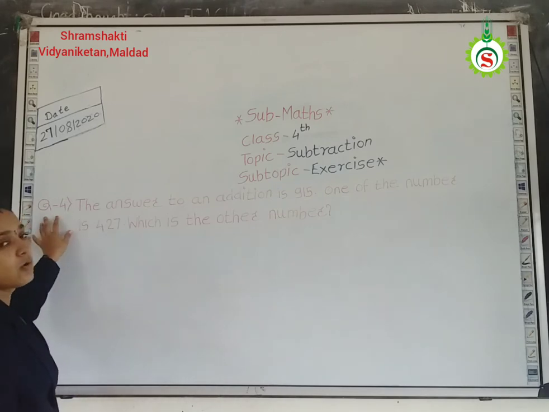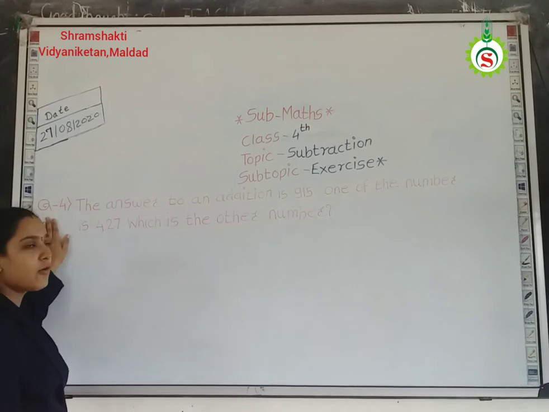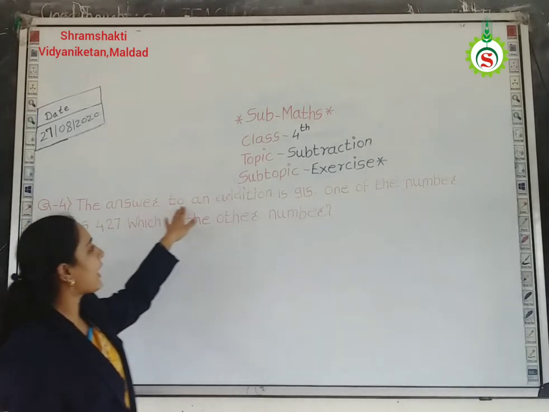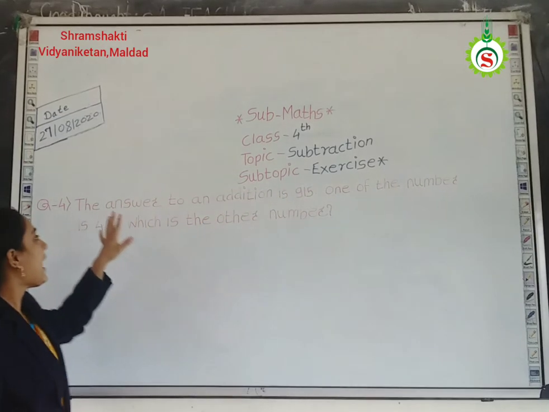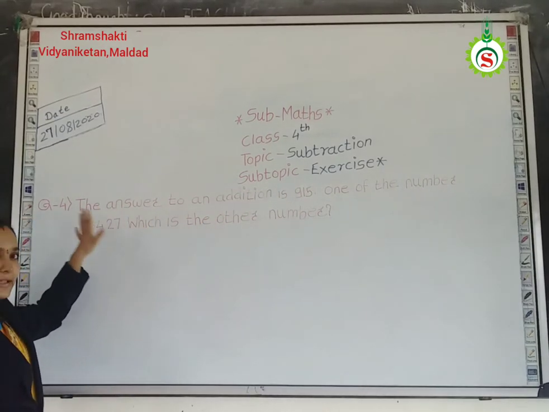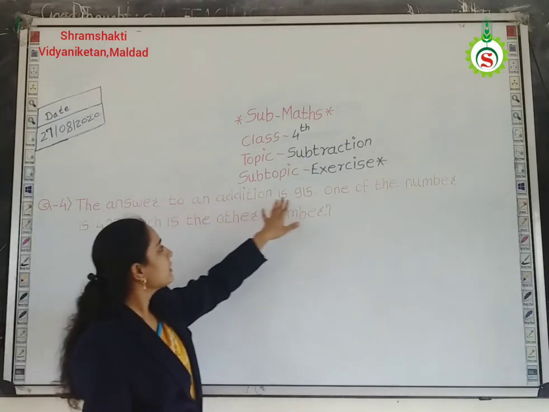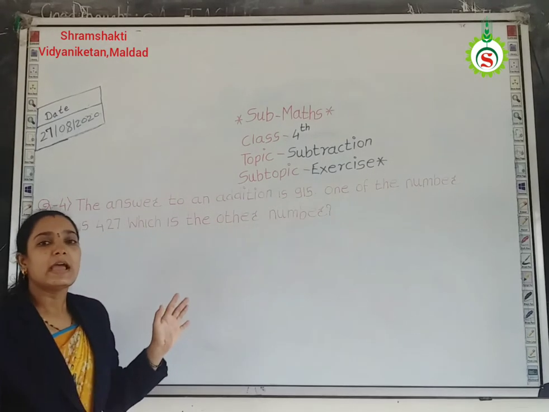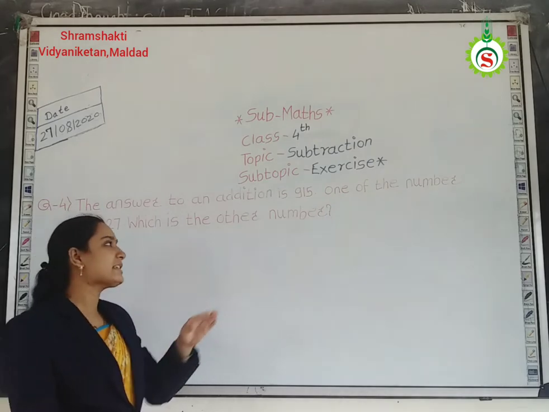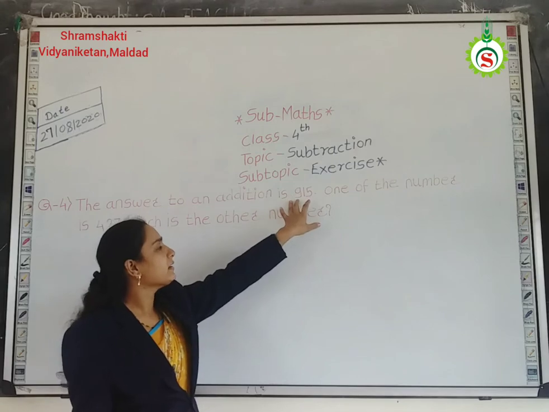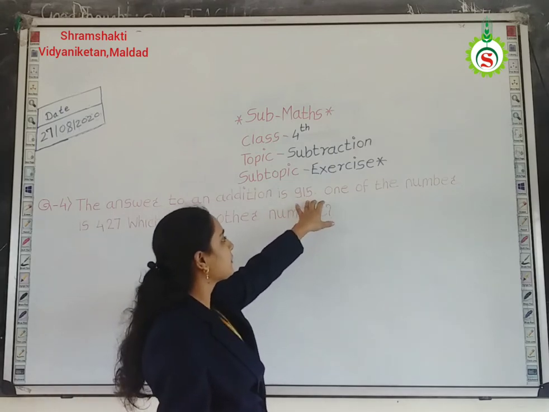So, see here, question number 4. You can also see this question in your textbook, exercise number 1. The answer to an addition is 950. Means the addition of two numbers is 950. The two numbers are not given, but their addition is given, and it is 950.